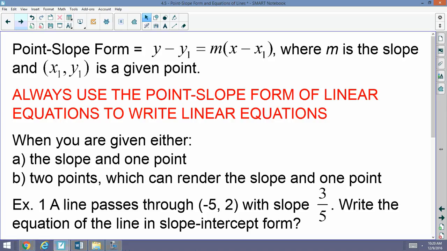In big, bold, red letters, it says, always use the point-slope form of linear equations to write linear equations. Again, it is not the only way. I just think it's the best, less confusing, and easiest way. So, let's get right to it with an example.